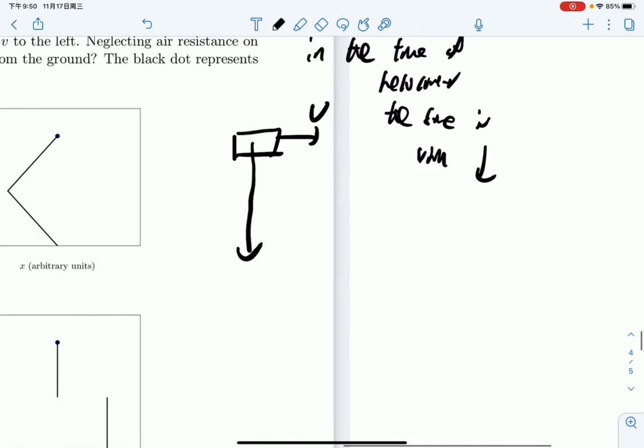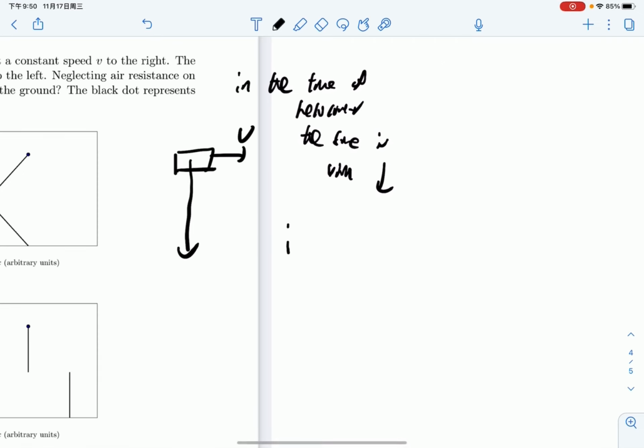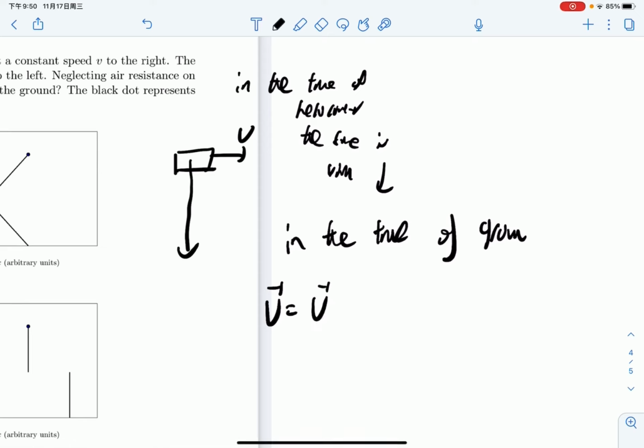Okay. And in the frame of the ground, we know that v is equal to v, the object relative to the plane plus the plane relative to the ground, giving the object relative to the ground.